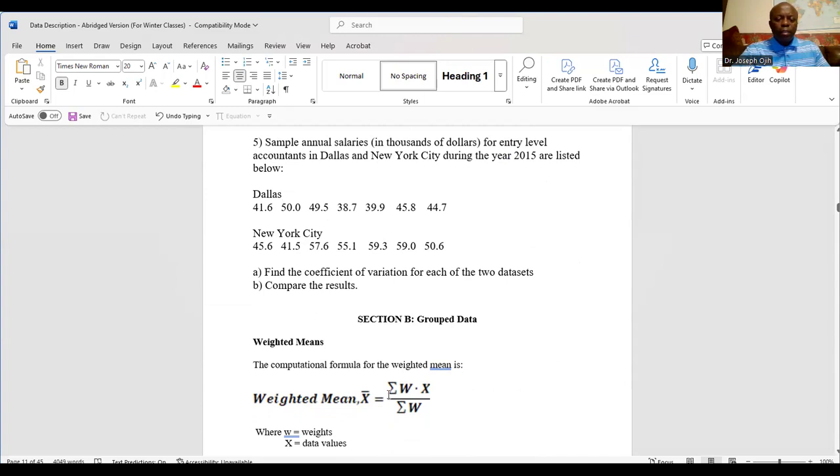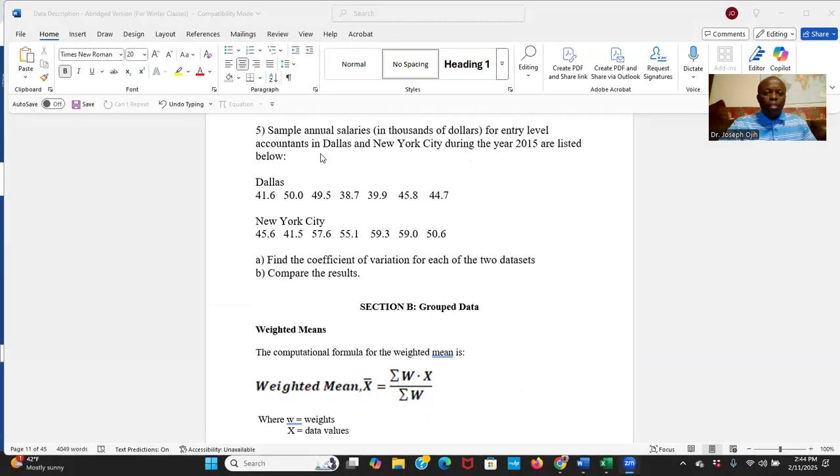It says that a sample of annual salaries in thousands of dollars for entry-level accountants in Dallas and New York City during the year 2015 are listed below. These are in thousands.